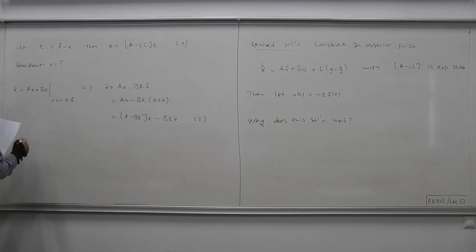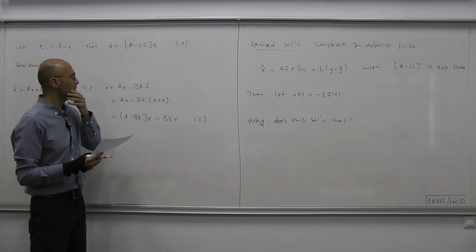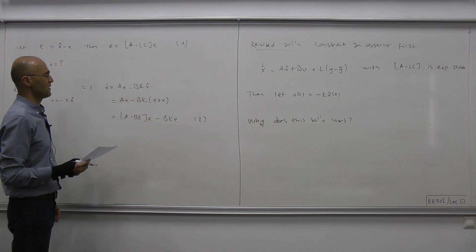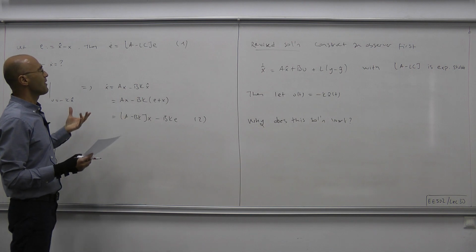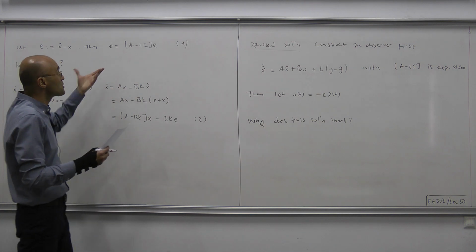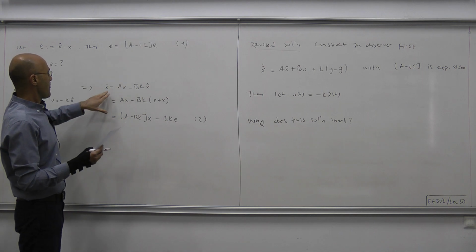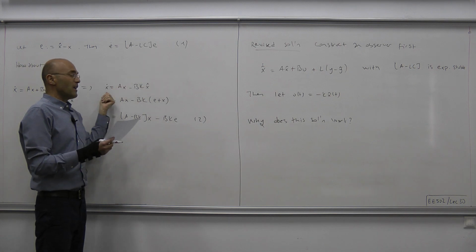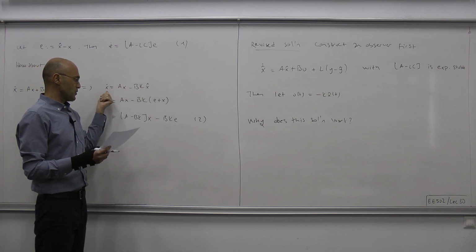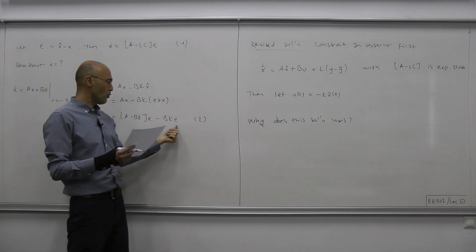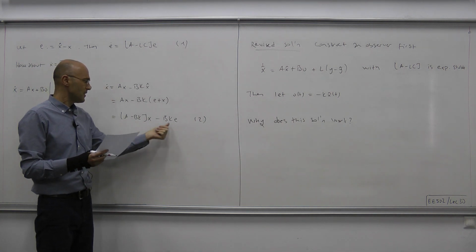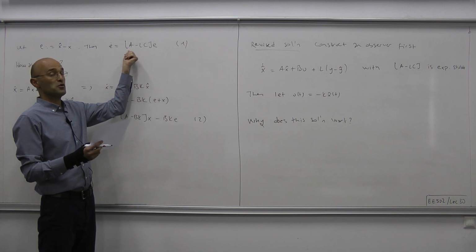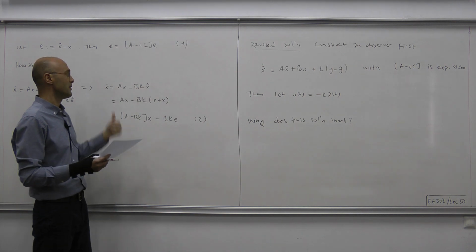Now, at least intuitively, the intuition suggests that since e of t is converging to 0, and this is the dynamics of x dot, the actual state, the term involving the error in the dynamics of x dot is converging to 0 exponentially fast, because of dynamics 1, the observer error dynamics.